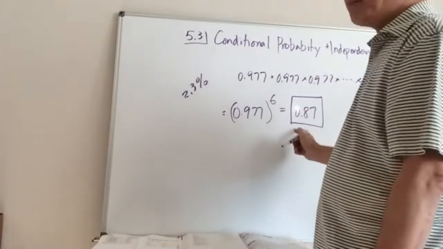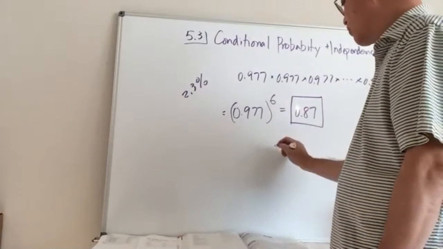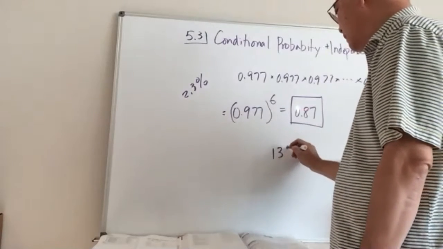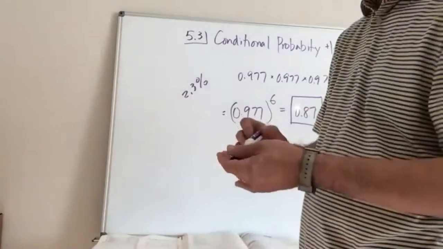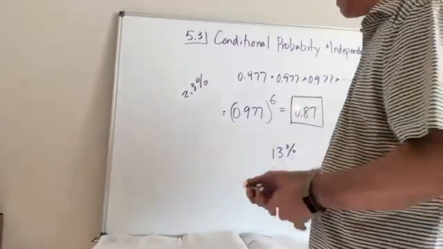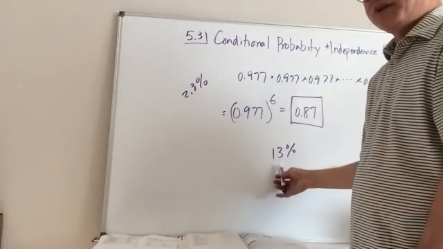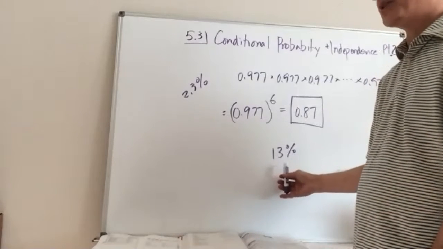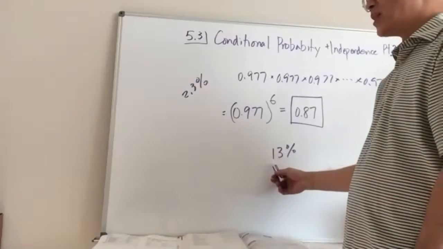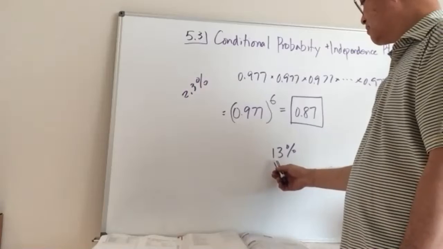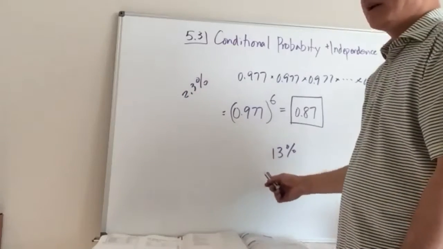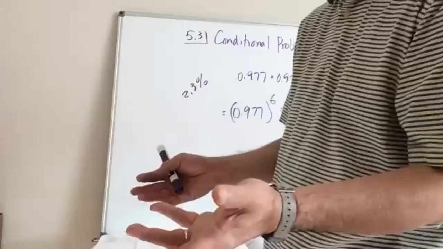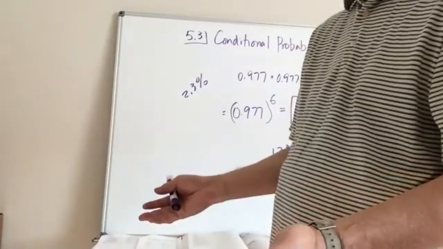Only 87% of the time it works. In other words, your failure rate is 13%. And as an engineer, that is way, way too big. You cannot risk the entire mission on that. What is 13%? About 1 out of 7.5 times you're going to fail.